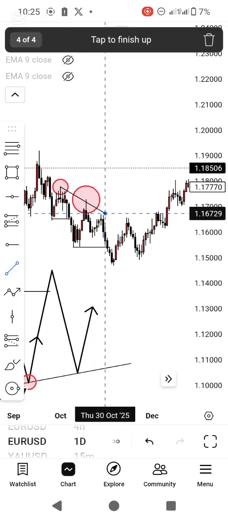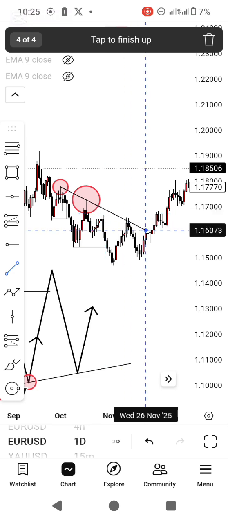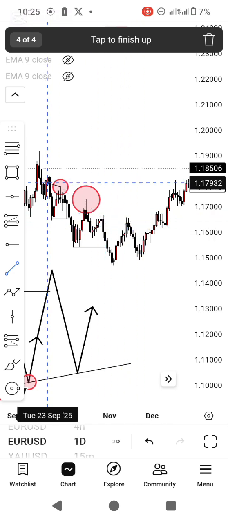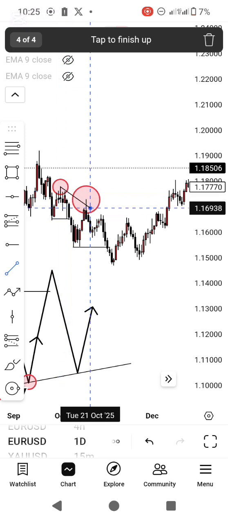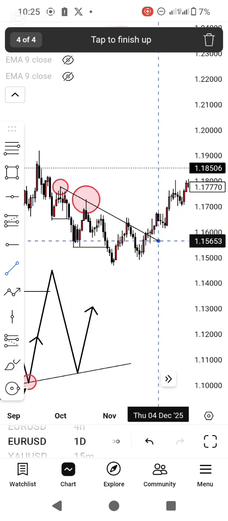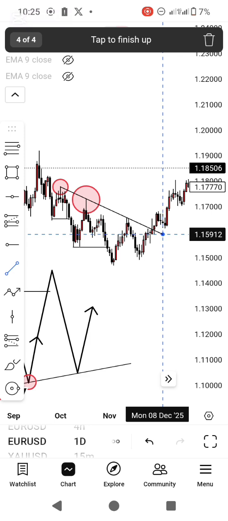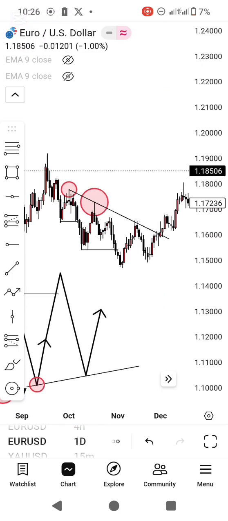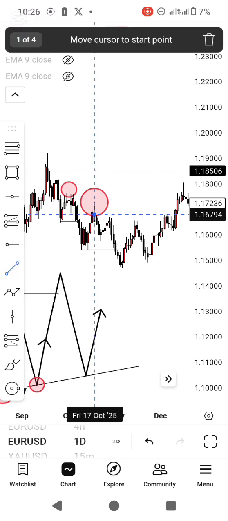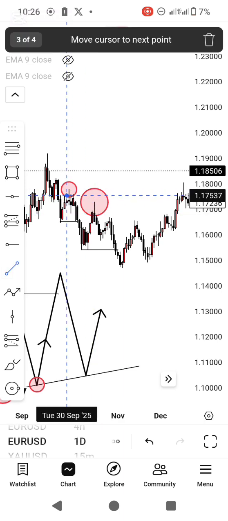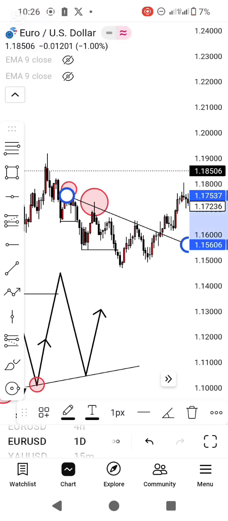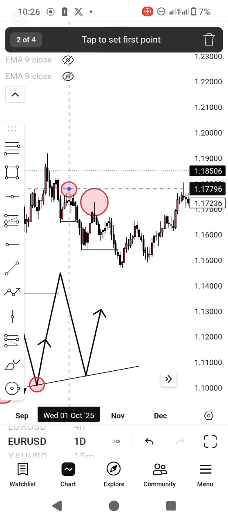Now the rule is to connect the lower highs from the highest or the lowest point of the wick, without intersecting the body. Some people can also draw from the body, like for example, you can draw from here. It's still okay, but I prefer to draw from the wicks.